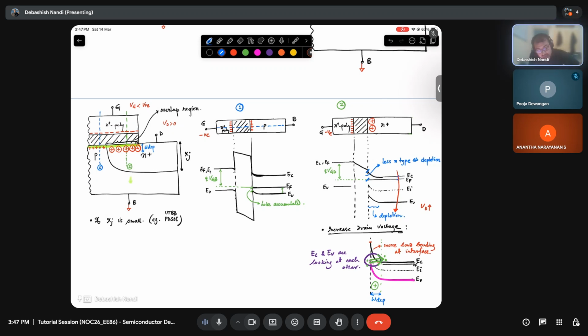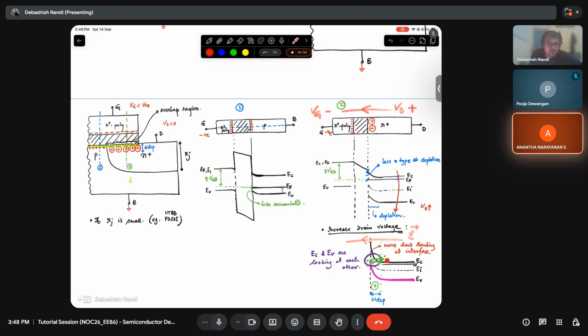Also remember the direction of your electric field. Because this is D, VD positive you are applying, and VG negative you are applying, the electric field is in this direction. So electrons will tunnel from this valence band edge to this side of the conduction band edge.